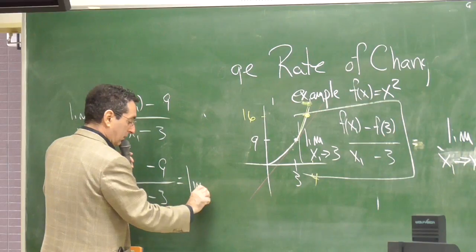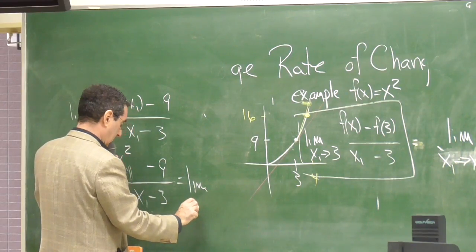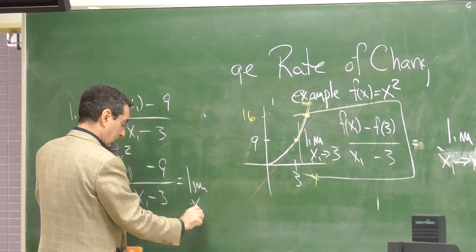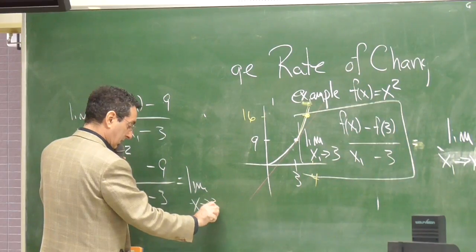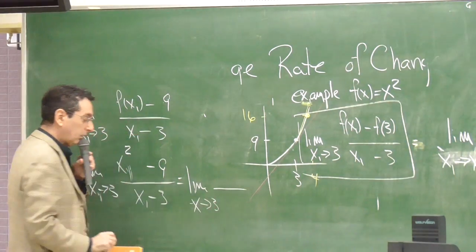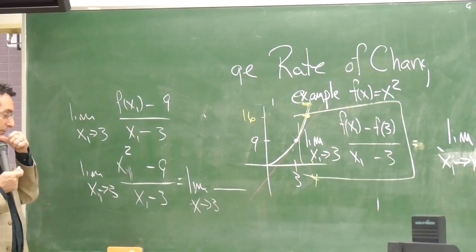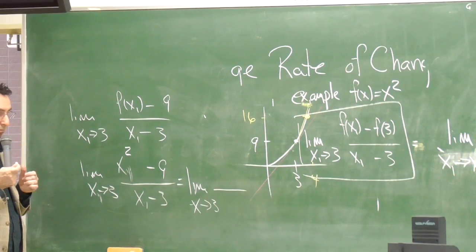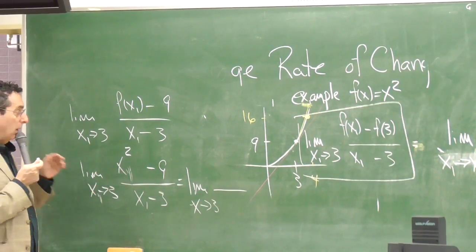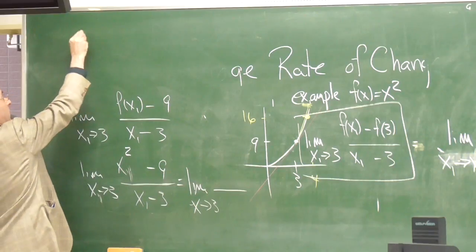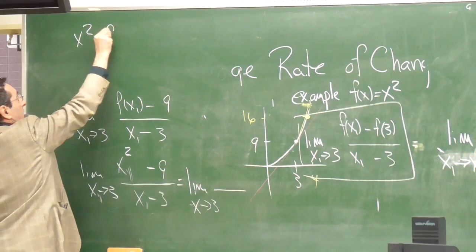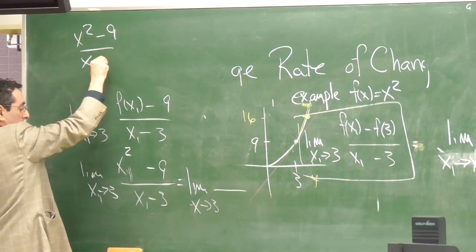Now, I didn't make much about this, but maybe this is not a bad time to say this. Well, what is x? Can I just forget about limits? What is this?